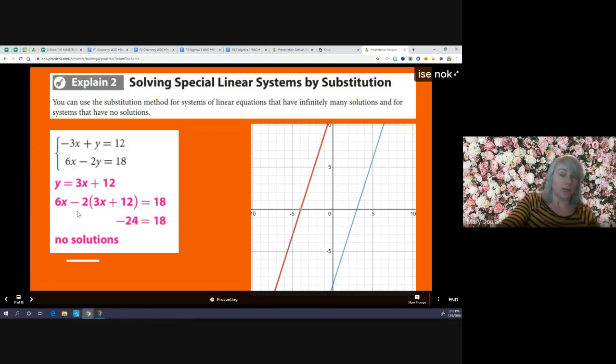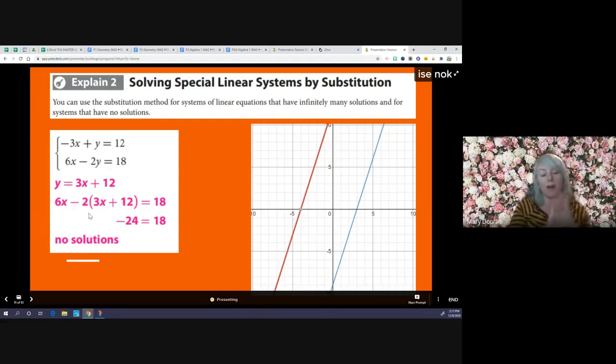But what happens is when you try to simplify the left-hand side of this equation, we're going to distribute 2 with 3 and get 6x, so 6x minus 6x gives you 0x. The x's just drop out and disappear.